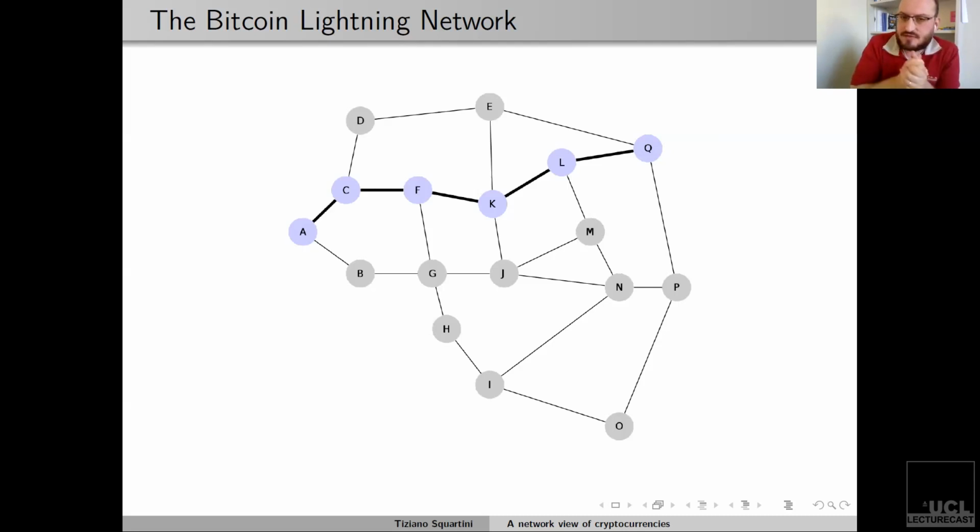You have those channels, and a user that wants to make a payment can have an up-to-date view of the network by looking at the routing table. So he sees which are the channels open between nodes and can choose to move money across the nodes to reach the receiver. So in this case, we studied this network.